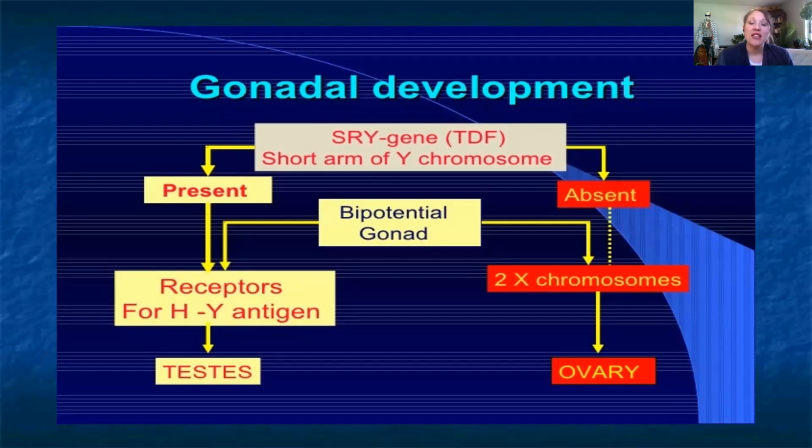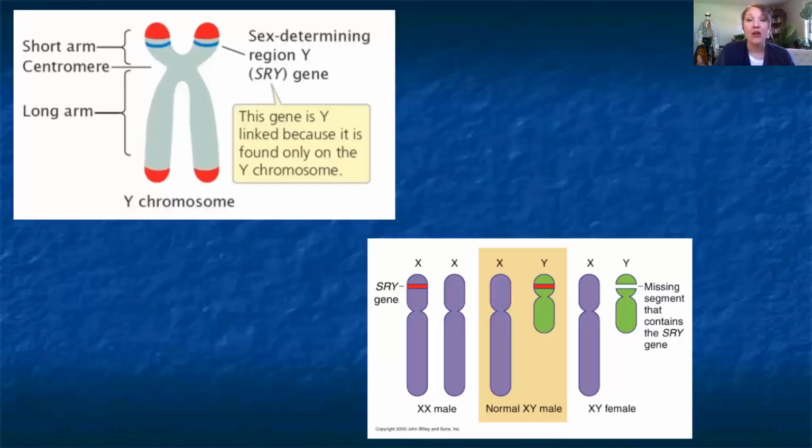If the SRY gene is present, it means that that gonad that is kind of bipotential, kind of undifferentiated, will develop into testes instead of ovaries.